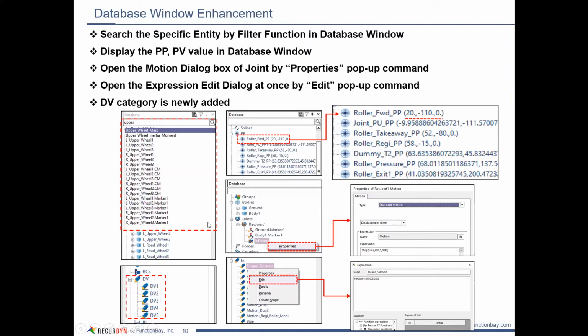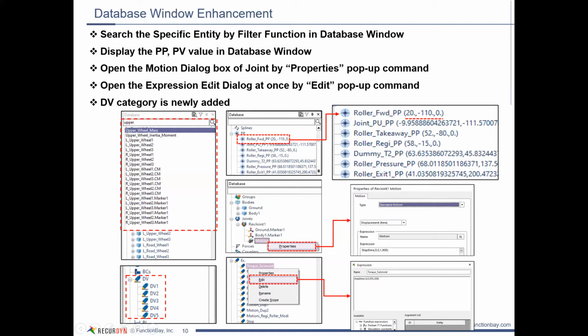If you look to where I'm pointing, in the center of all these dialog boxes, for a given joint, in this case a Revolute joint, if you expand out that entity, it will show you the base marker, the action marker, and then if there is a motion defined, it would show you this motion entity. What's new is that you can now click the right mouse button, properties will pop up, and you can select that and go directly into the motion dialog box. So I think that can save a lot of time.